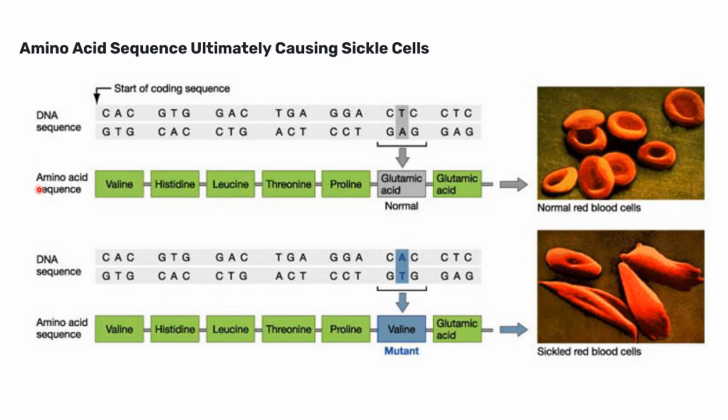So in this figure, we have here the sequence of amino acids in the normal red blood cells. It has glutamic acid in position number 6. In the case of sickle cell anemia, the glutamic acid is replaced by valine. So it results in a distorted red blood cell structure.